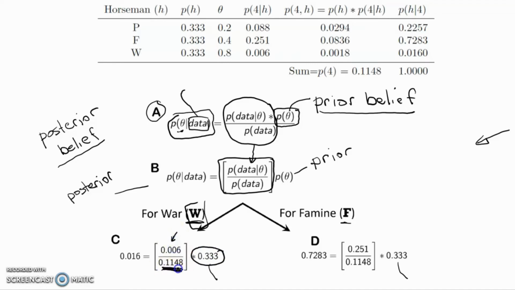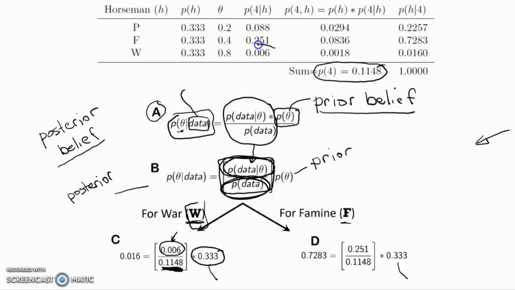The denominator is 0.1148. So that's the probability of the data. That's the probability of getting 4 dead, and that is about 11.5%. And what we have in the numerator is the probability of the data given a particular value of theta.